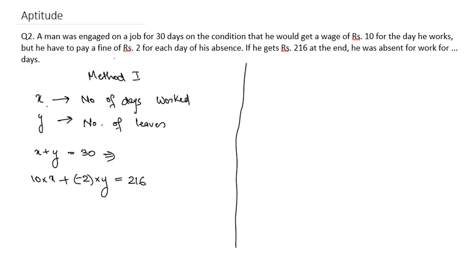This we can write as x equals 30 minus y. So substituting x is equal to 30 minus y, we will get 10 into 30 minus y minus 2y equals 216.